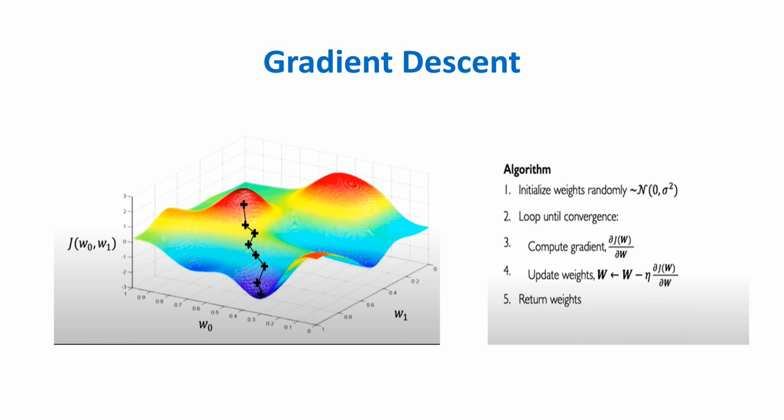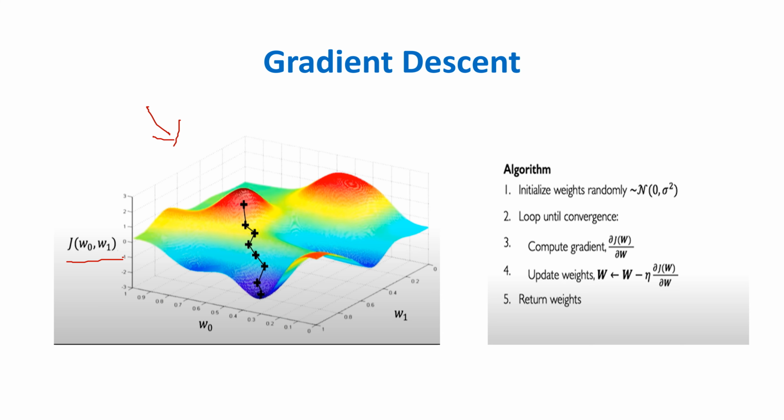To calculate the weights and optimize the network weights, we have the gradient descent algorithm. We'll look at that. Here we have a graph plotted between the cost thrown by the weights, that is the loss, and two weights. In reality there will be a huge number of weights in the weight matrix, but for simplicity we are drawing between two weights and the cost thrown.